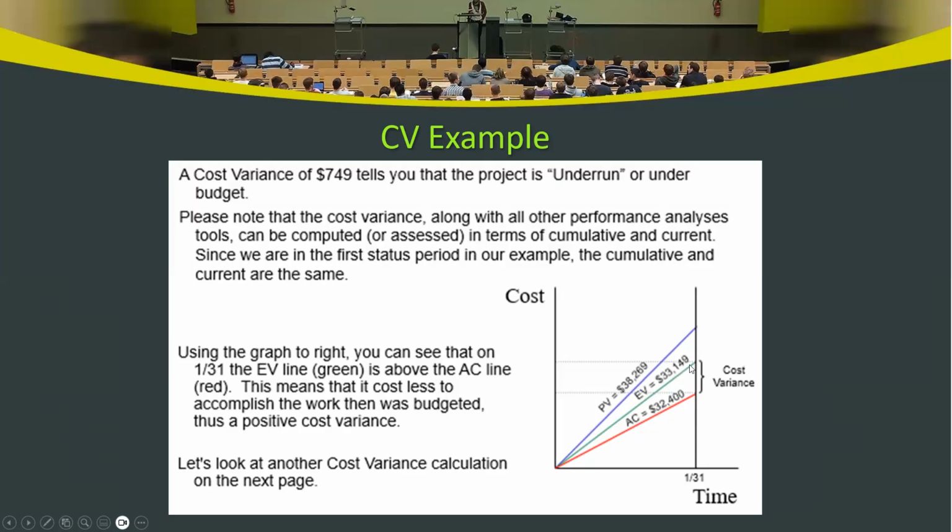EV is the green line and AC is the red line. The difference EV minus AC is positive because 33,000 is a higher value than 32,000. So the difference is positive 749. Positive is good, basically. That means your project is spending less than what it could spend.